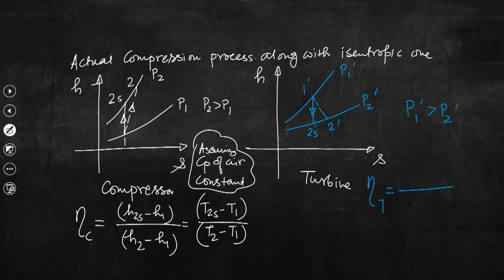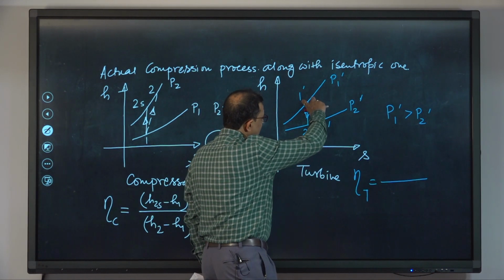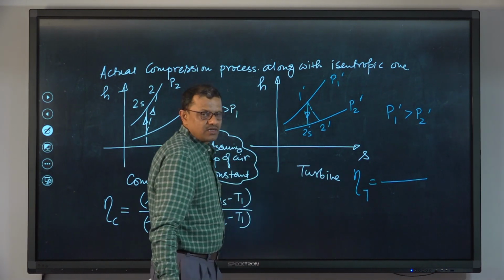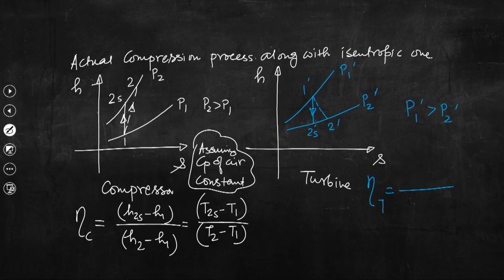You can understand that if we use isentropic expansion of the gas, then the amount of work that we will get will be higher as compared to the frictionless or real expansion process. So, it is essentially H1 prime minus H2 prime divided by H1 prime minus H2S prime.